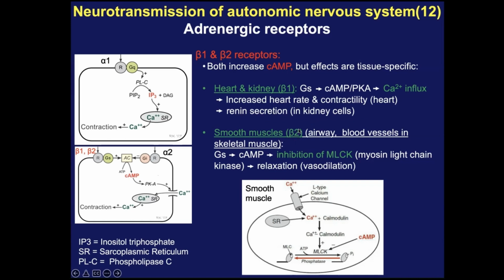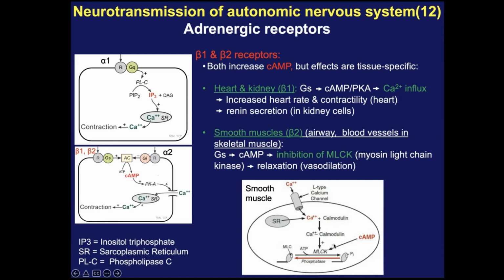Beta 2 receptors are expressed on the smooth muscle. They are also coupled with AC to increase cAMP. But in the smooth muscle, the cAMP will inhibit this enzyme, as shown here.